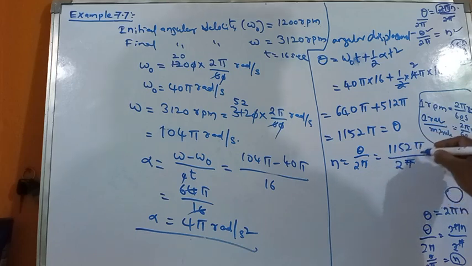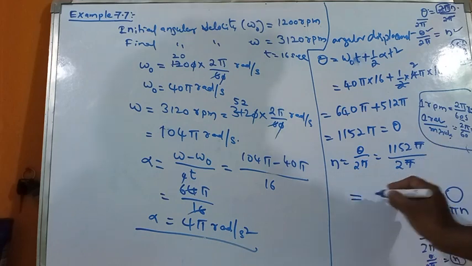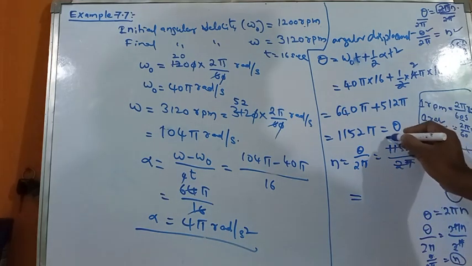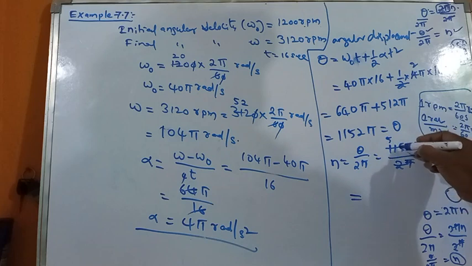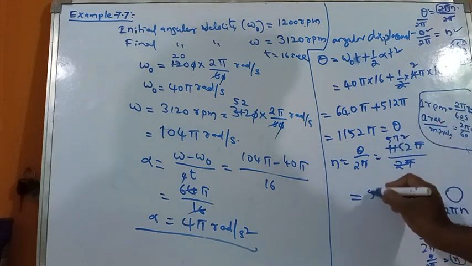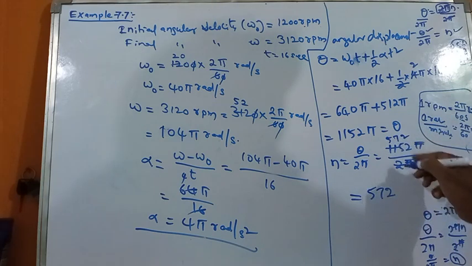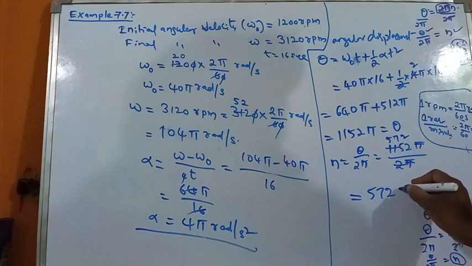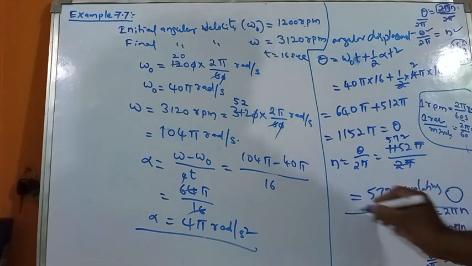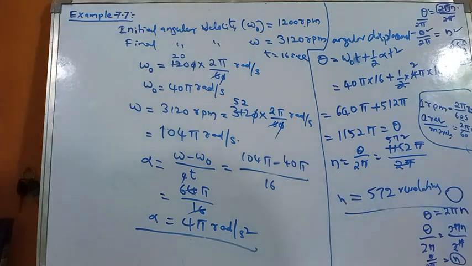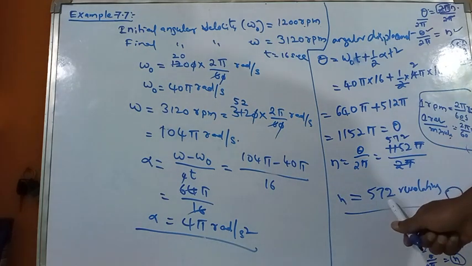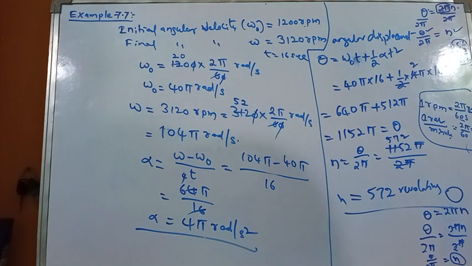So the pi cancels, and it is 576 revolutions. Okay, so this is our n. So in 16 seconds it completes 576 revolutions.